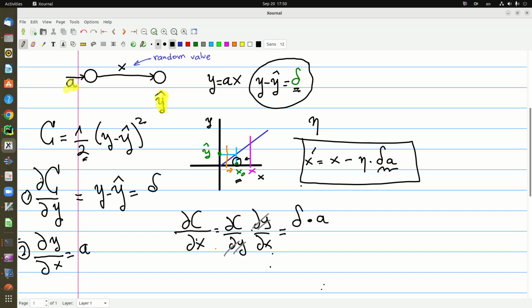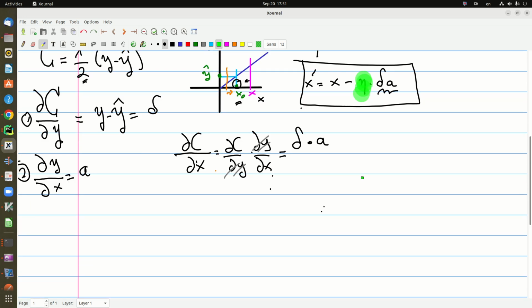Another thing to keep in mind is that this eta hyperparameter is probably the most important parameter you have to tweak when you're training a neural network.